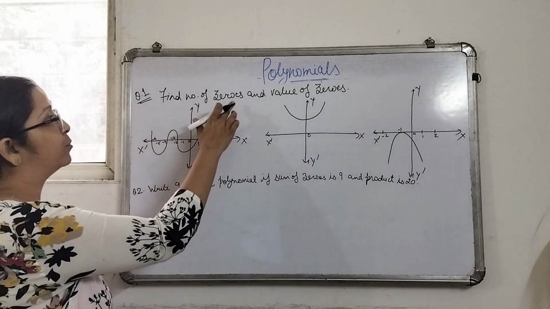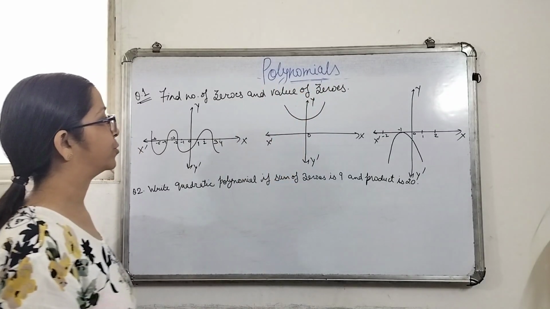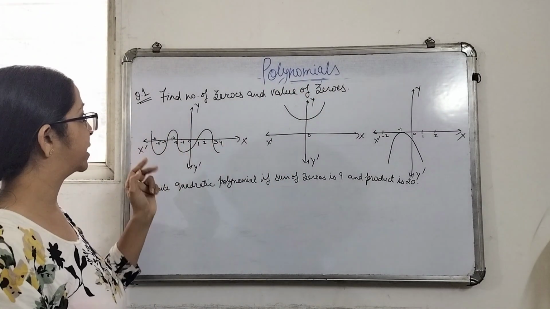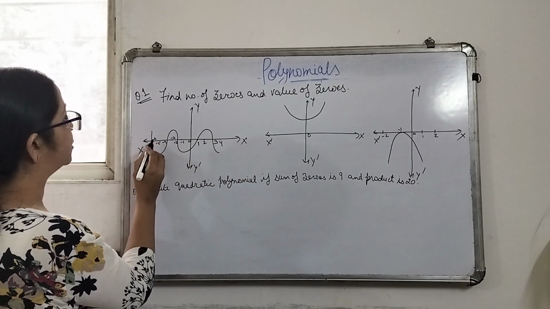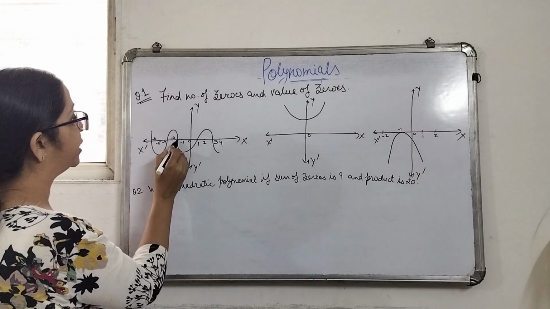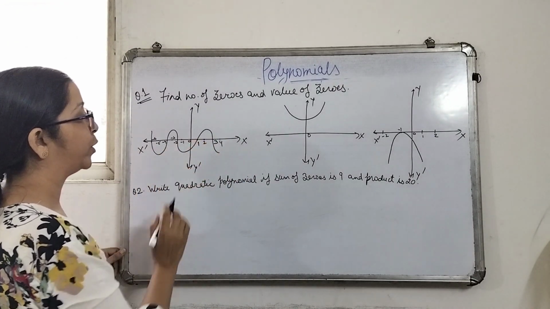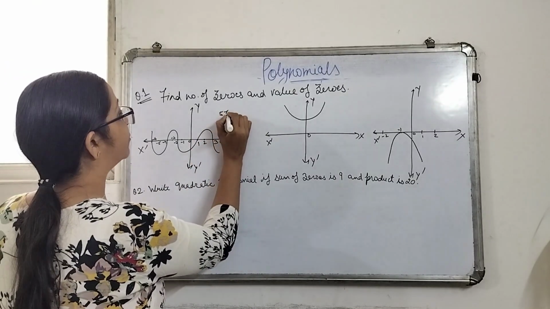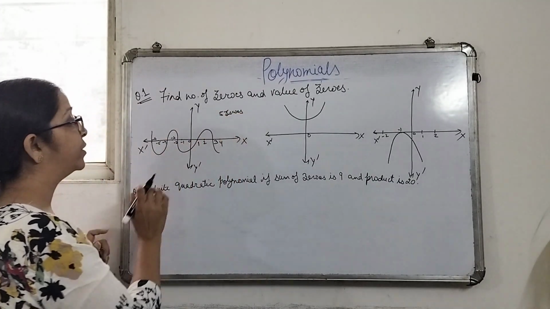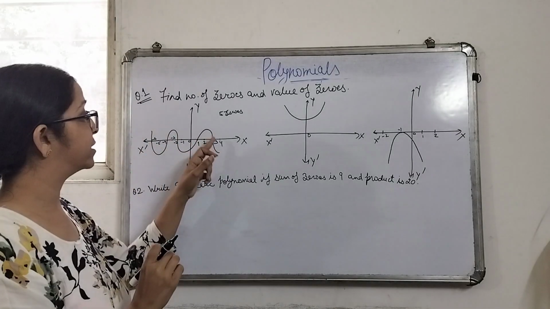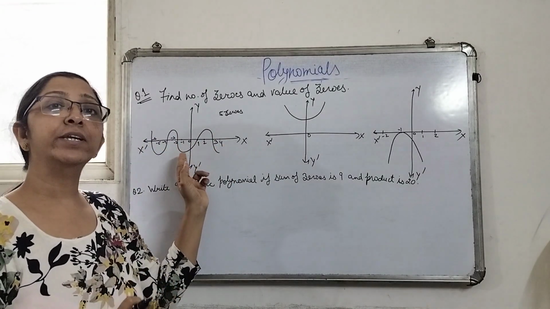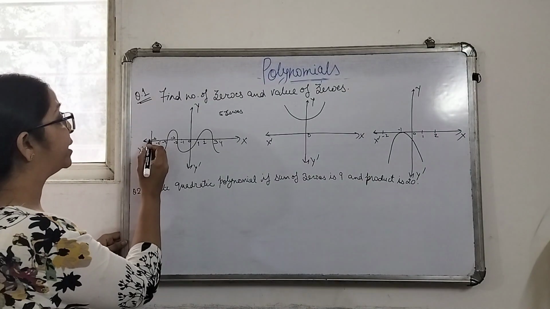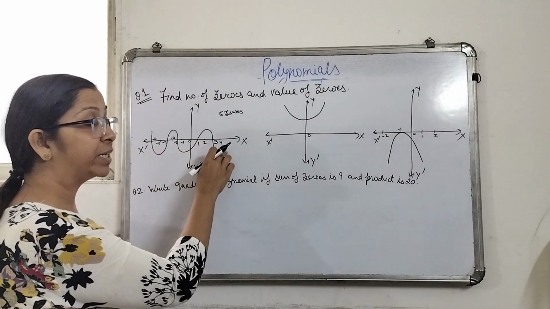Find the number of zeros and values of the zeros. Here we can see that this graph is intersecting the x-axis at 1, 2, 3, 4, 5 points. That means this polynomial will have 5 zeros. The number of times the graph intersects the x-axis gives us the number of zeros, and the points at which it intersects will be the zeros.